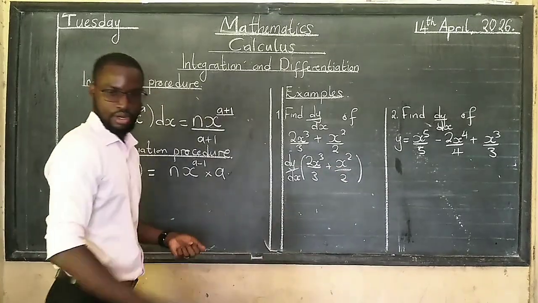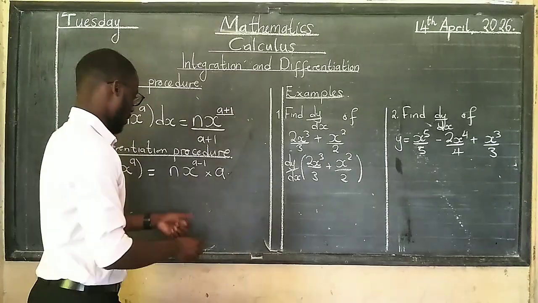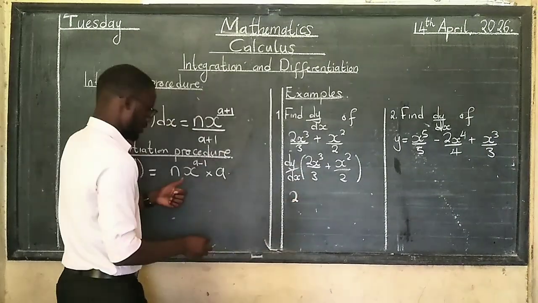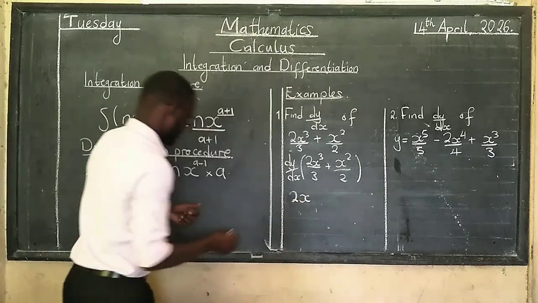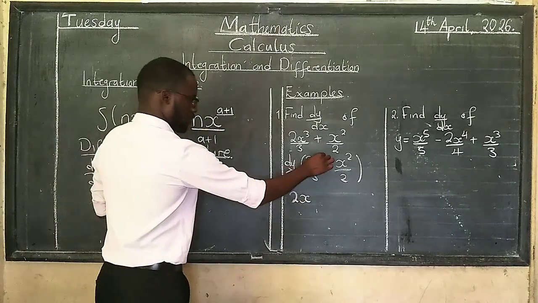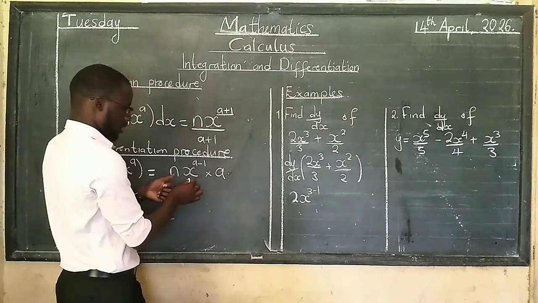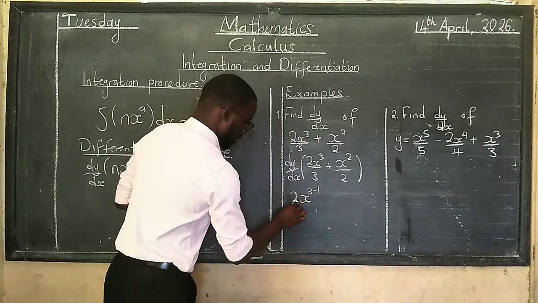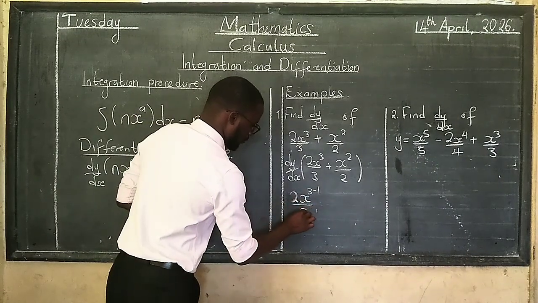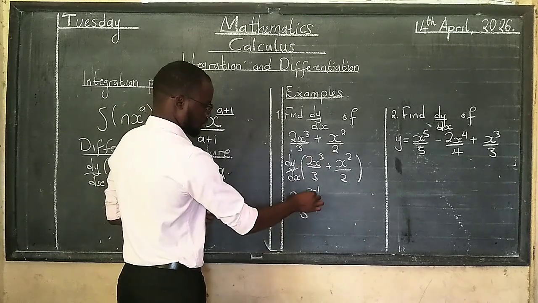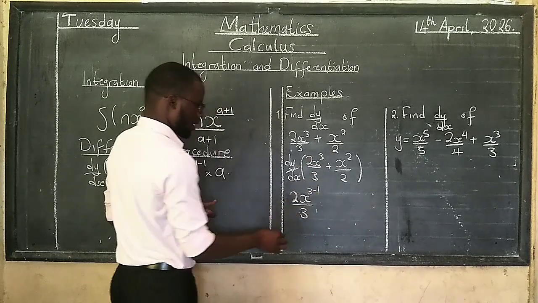So for this one, what I'm going to do is, as usual, I'm going to get the 2 as it is, the x as it is. Then for the power of x, I'm going to do 3 minus 1. Then the a, oh by the way, it's supposed to be a 3 down here because it's 2 over 3. So n is 2 over 3 here, x as it is. Then for the power, subtract 1.